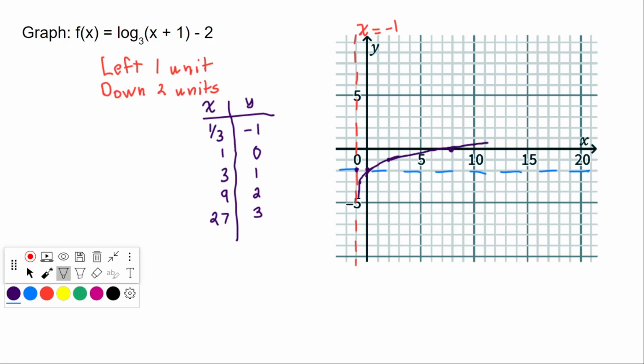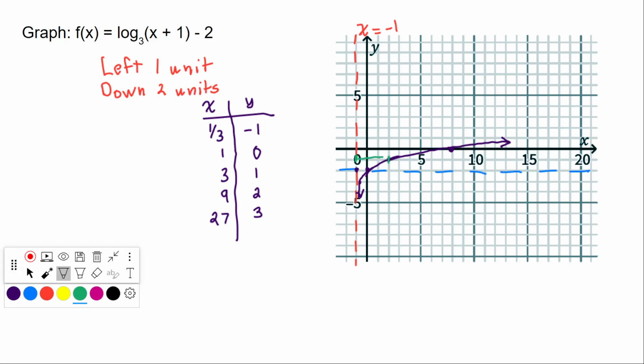And hopefully you'll notice that this one doesn't grow as fast. It stretches out more horizontally rather than growing vertically like it did with a base 2. But I do want to mention here, remember when I had said that if I go up 1 unit from where my lines intersect, this distance is going to match your base.